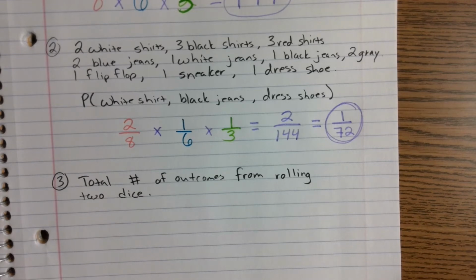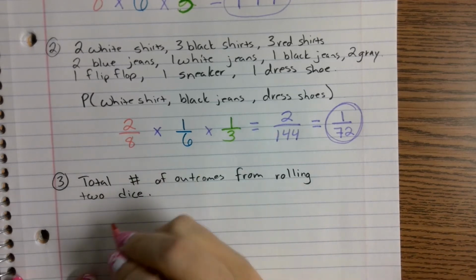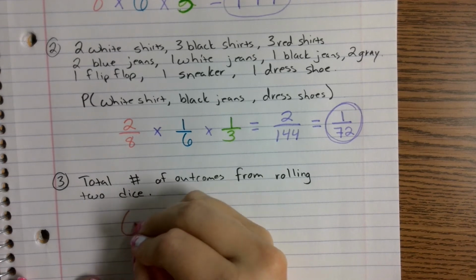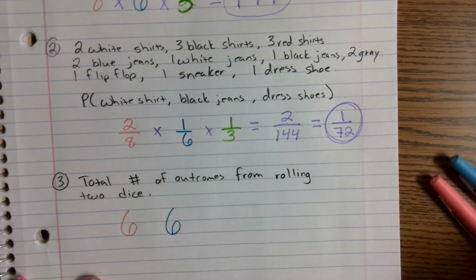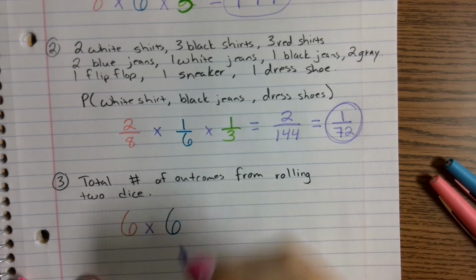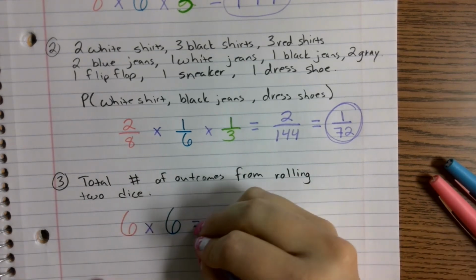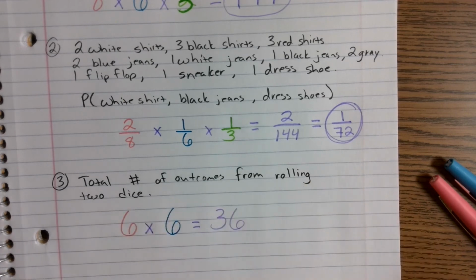You have to multiply. I know that one die has 6 outcomes and the other die has 6 outcomes, and I just have to multiply those outcomes to get 36.